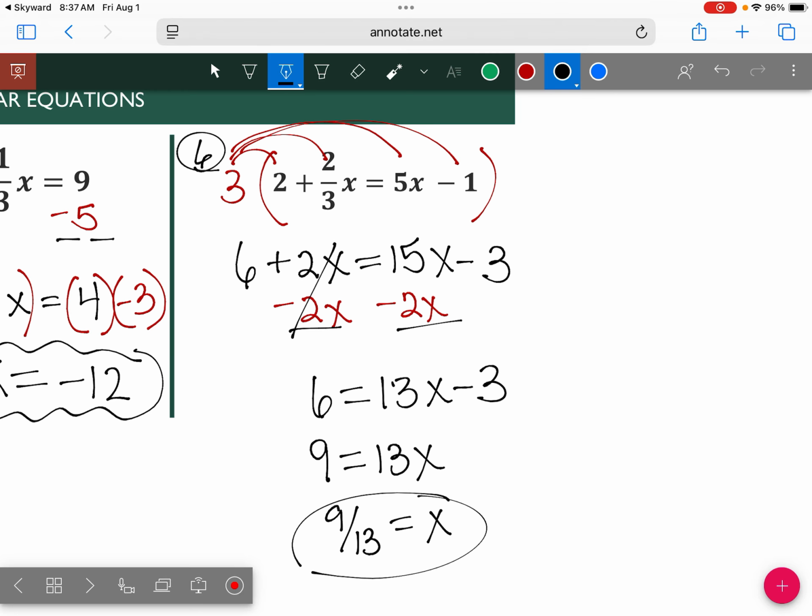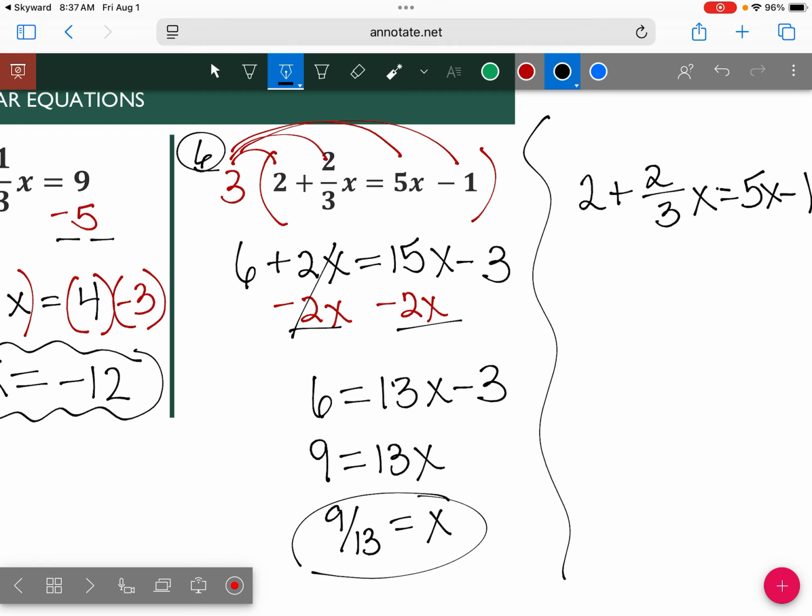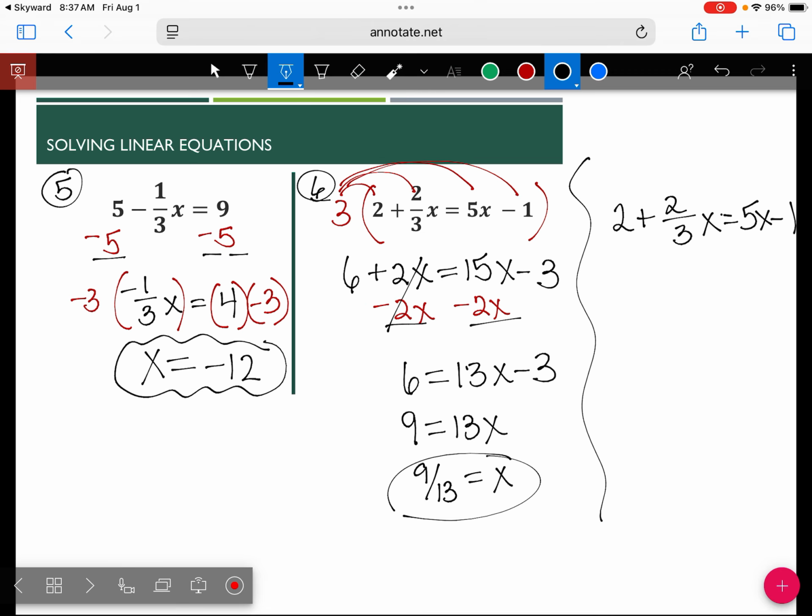If you decided that you were going to keep the fraction, because some of you may have decided to do it that way, and that is fine. If I do it that way, then I'm going to have to subtract 5x. Now, in order for me to subtract 5 from 2/3, I need to write it with a denominator of 3.